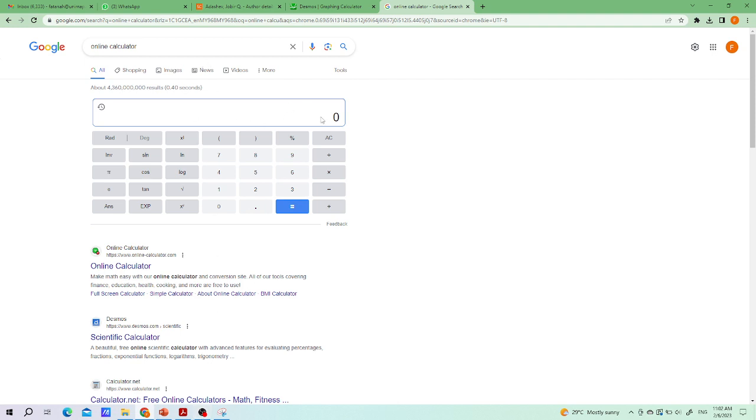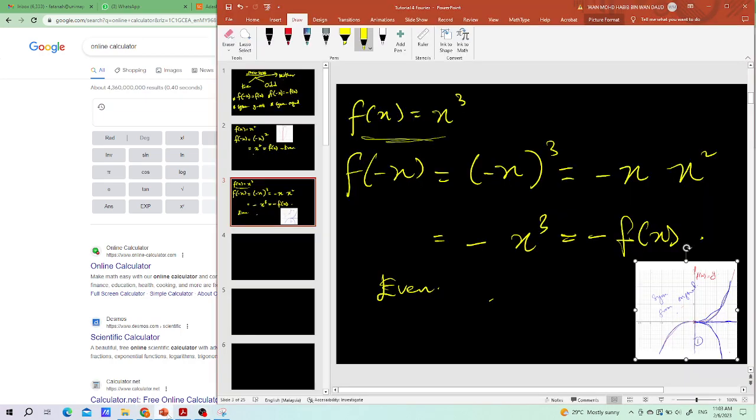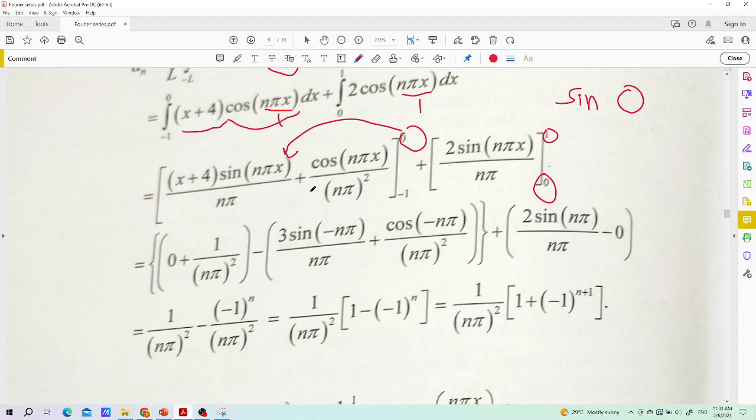Okay, sine 0, you will get 0. So that's why you can see here 0. This is everything times 0, so we get 0. So this is 0 because sine 0 equals 0.